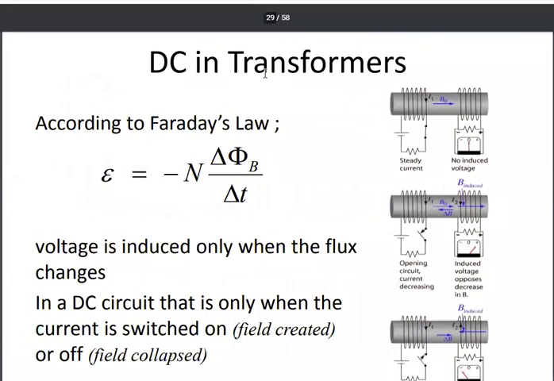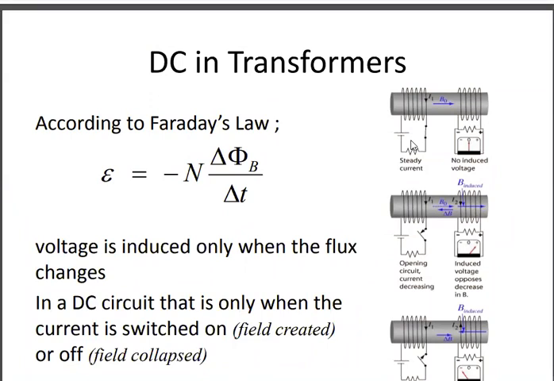Now come to the point of DC in a transformer. If you use a DC supply in a transformer, then what will happen? You see here, this is the primary coil and this is the secondary coil, and these two coils are not in physical contact or even in electrical contact with each other.